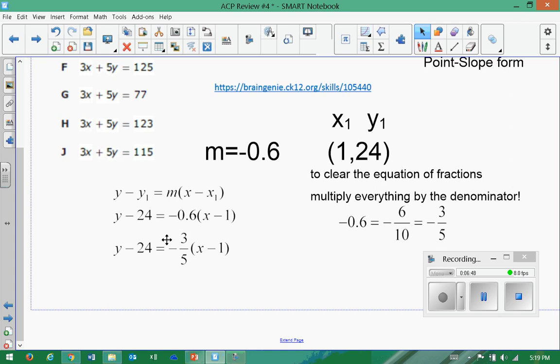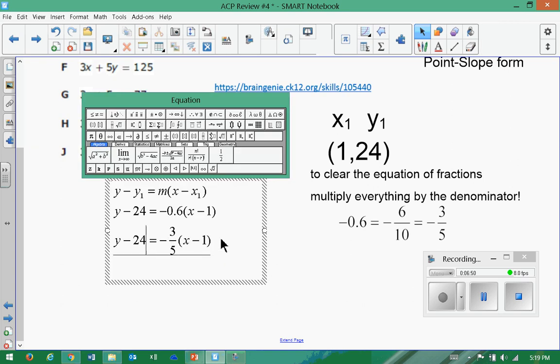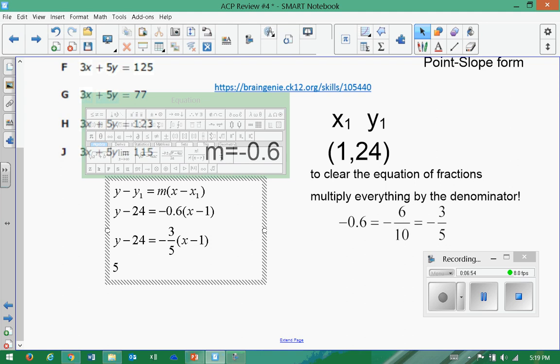So I'm going to multiply. What this looks like is 5 times (y minus 24) is going to be equal to 5 times negative 3/5 times (x minus 1). What I do on one side, I've got to do on the other side.